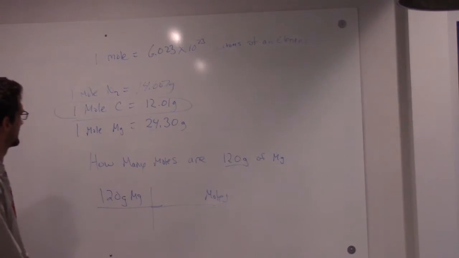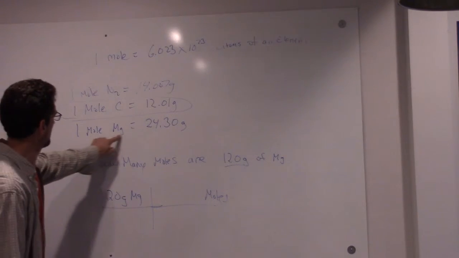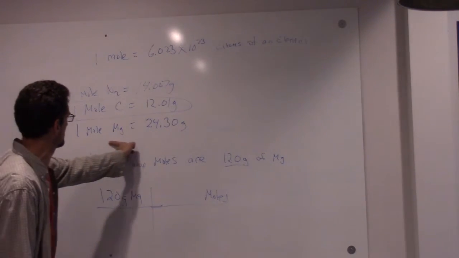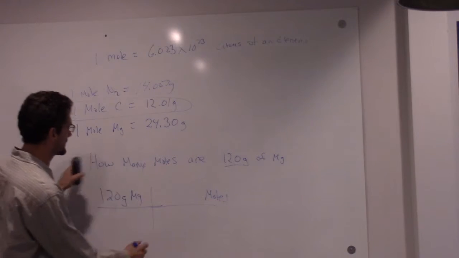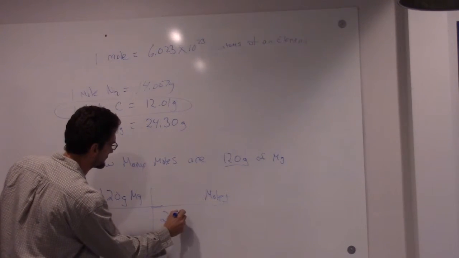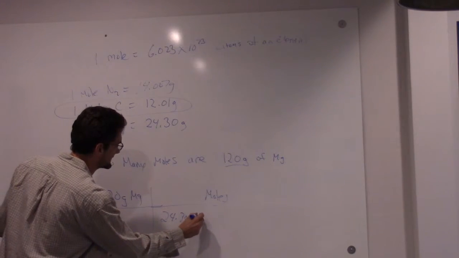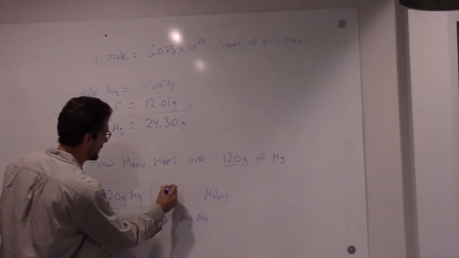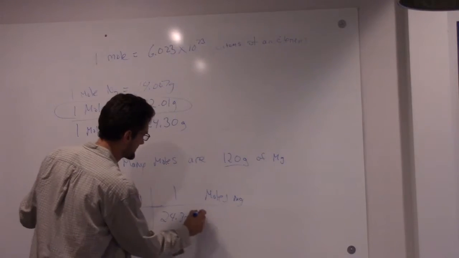What do we got that's going to enable us? Oh, look, we got this conversion factor right here. And we know that, we want grams to cancel, 24.30 grams of magnesium is equal to 1 mole of magnesium.